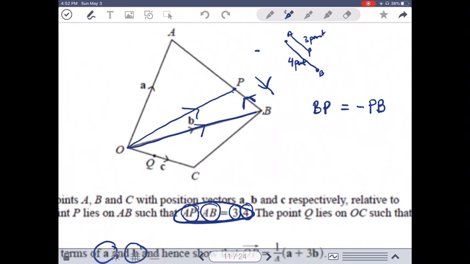So therefore, PB here is 1 part. So I would say that vector PB is just equals to 1 over 4 of vector AB, right?